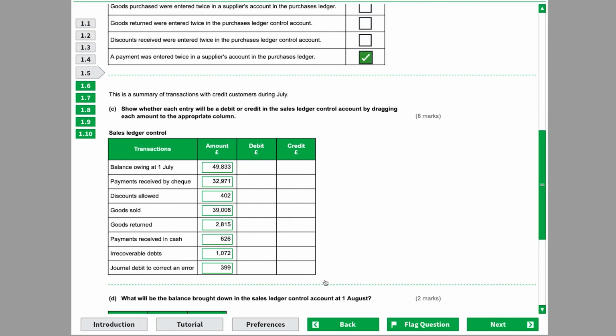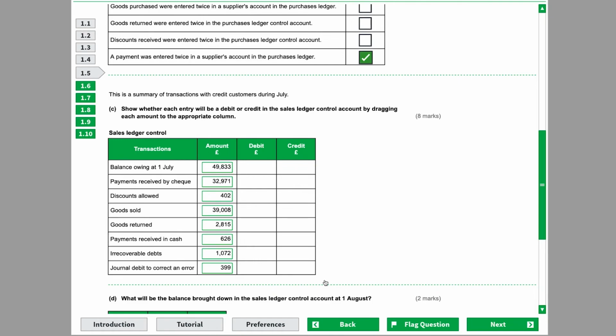So effectively what we have here is the equivalent of a T account for the sales ledger control, that we're going to move the transactions onto either the debit side or credit side. Remember that this account shows how much is owed to the business from its credit customers and is therefore an asset. So anything that increases the amount owed will go on the debit side, and anything that reduces the amount owed will go on the credit side.